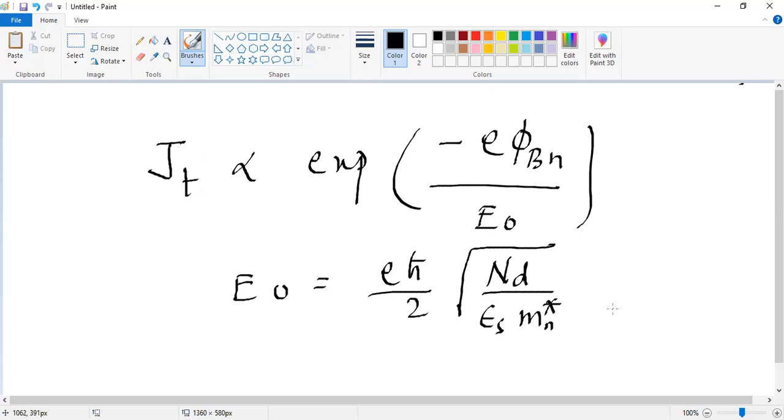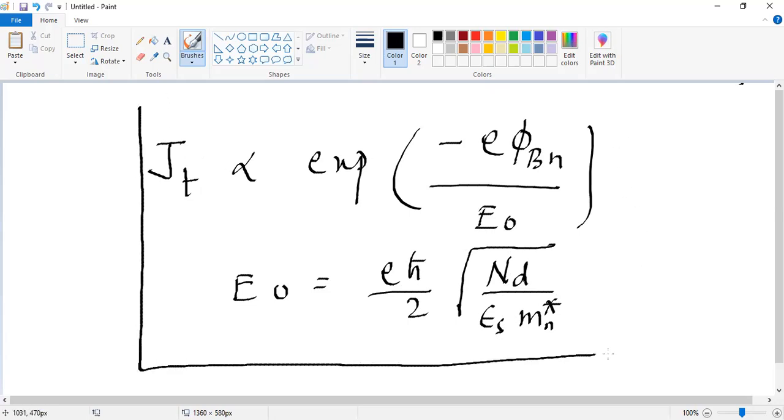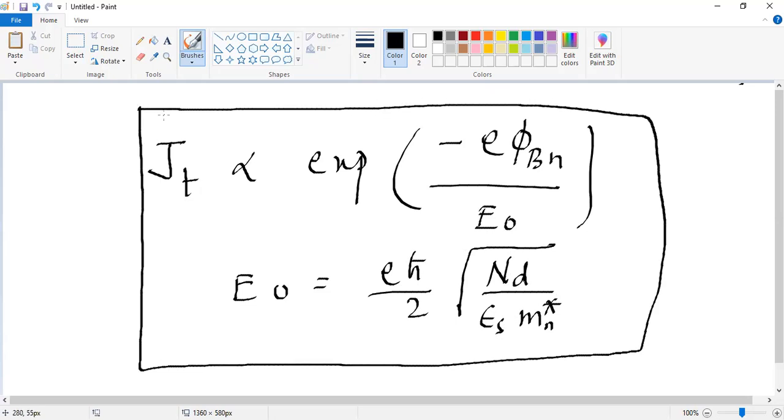So this is the expression for the tunneling current. We will discuss its derivation in some other class.